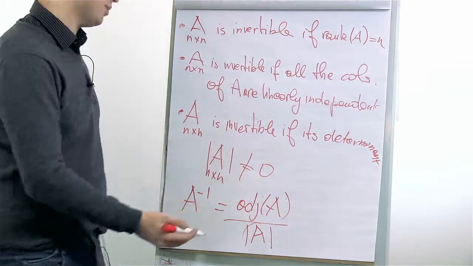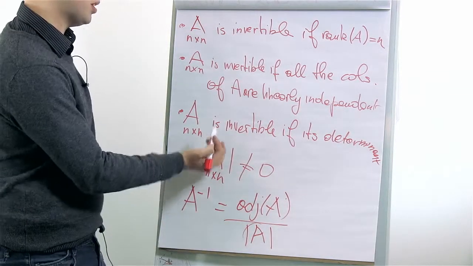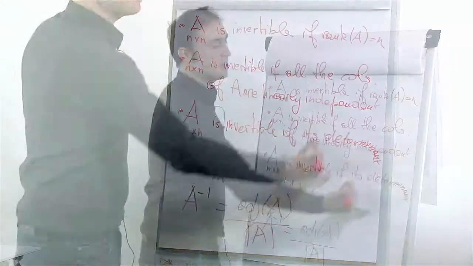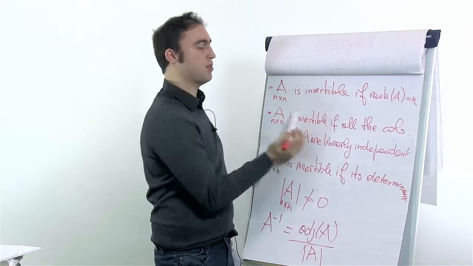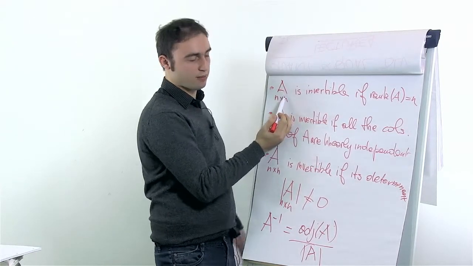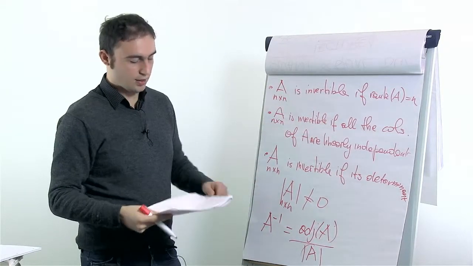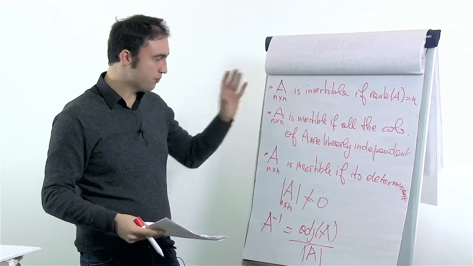Then the existence of the inverse is related to the determinant, the determinant gives you results related to the rank, and the rank is related to the invertibility of A. Then, everything is linked.